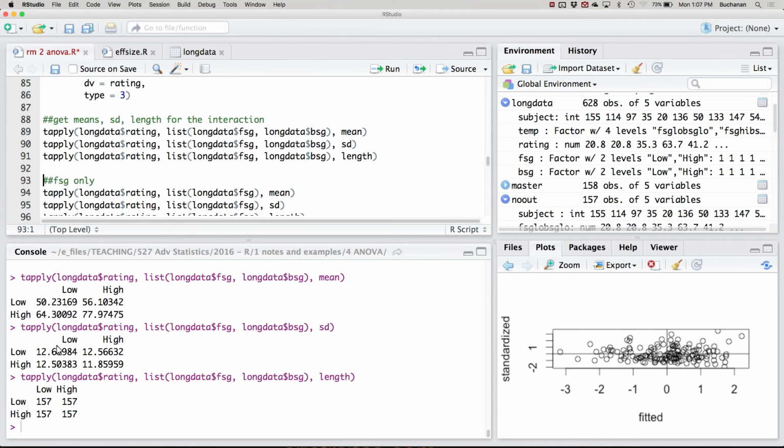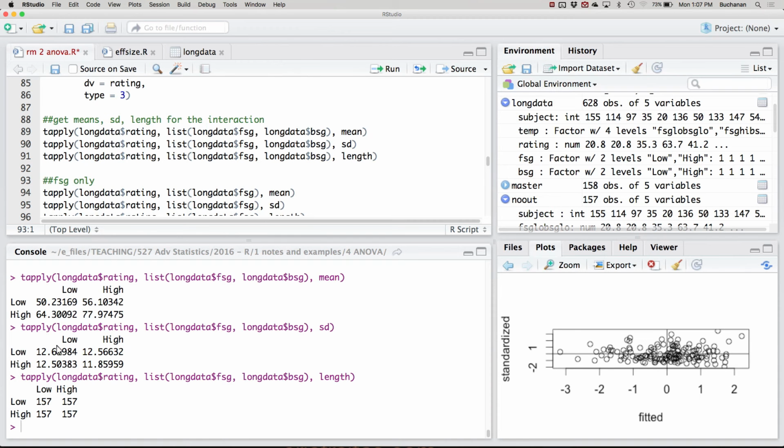Not to scale. So if I look just at FSG low, this is BSG low and high. There's about 6 points difference. If I look at high forward strength, there's 13, 14 points difference. So the interaction is caused by the fact that there's only 6 points different here and 14 points different here.